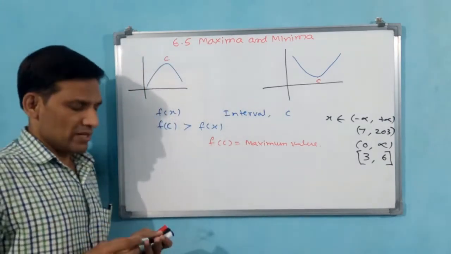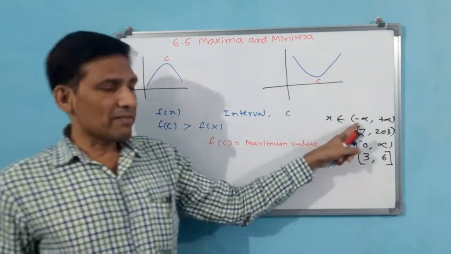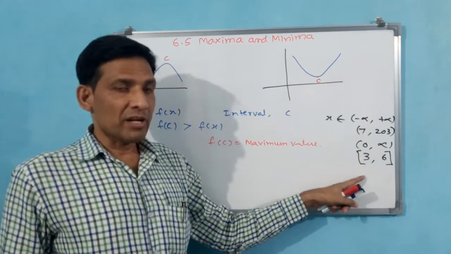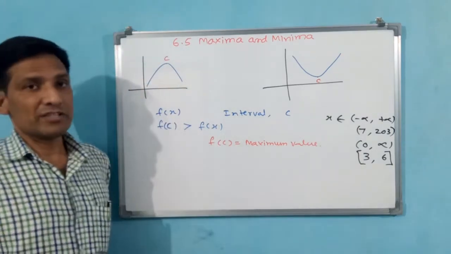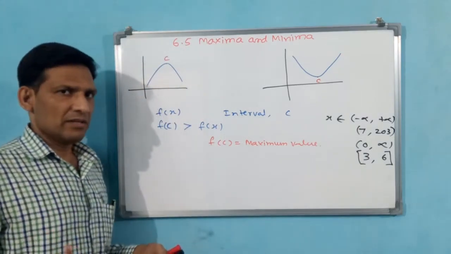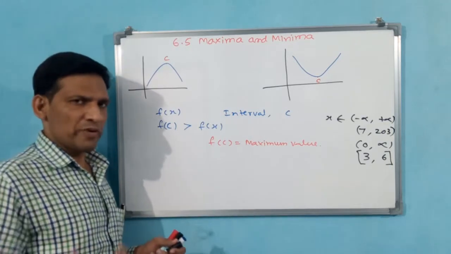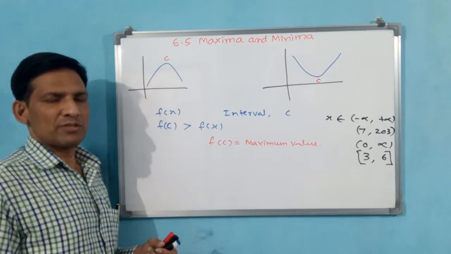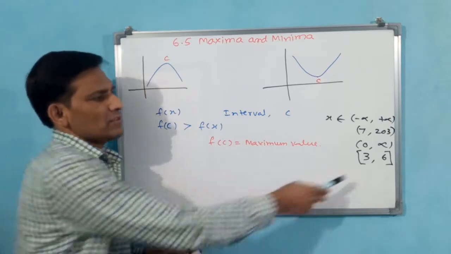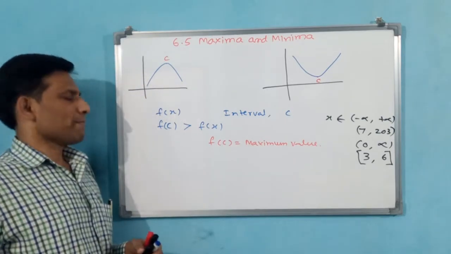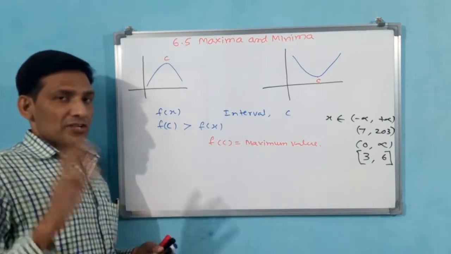Any interval may be there. An open interval may be there, a closed interval may be there for this function. These intervals mean the domain, that's all. x is the domain, f of x is the range. We know very well: input, output. Input is domain, output is range. Domain is an interval.